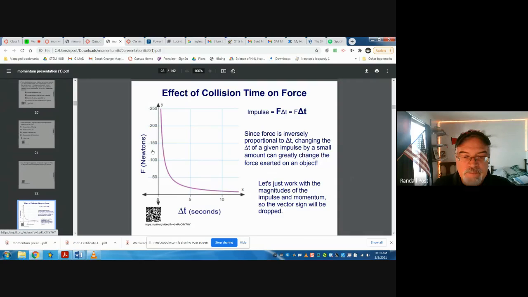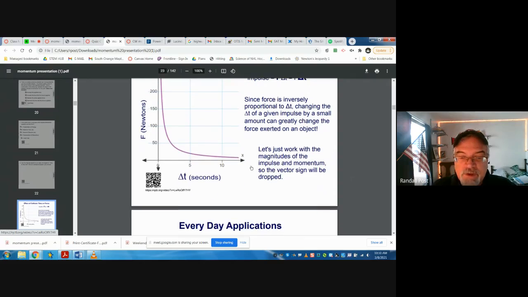We could lessen the force and lengthen the time a little bit. We could put it right about here. Or finally, we could extend the time as long as possible and look at how small the force got. It's way down here on the scale. So graphing really tells a good story.